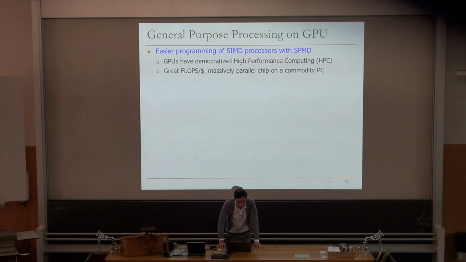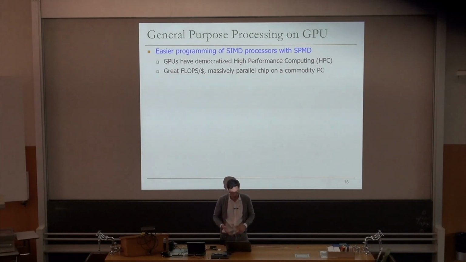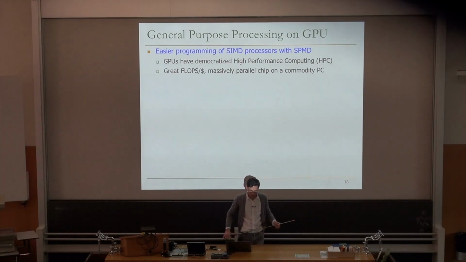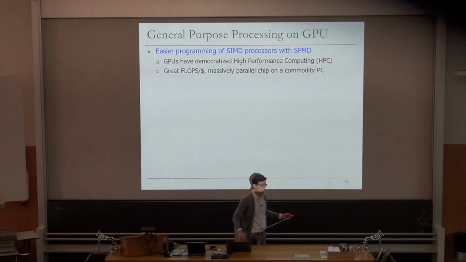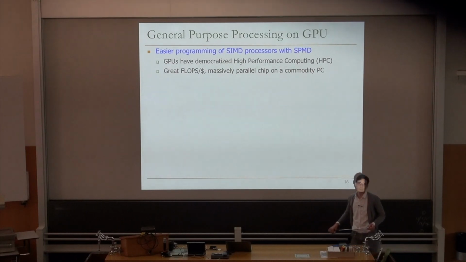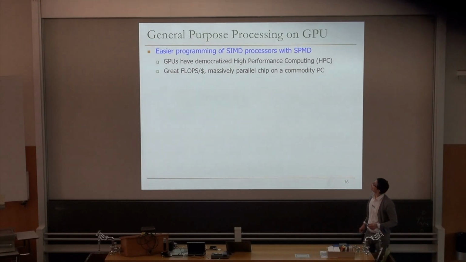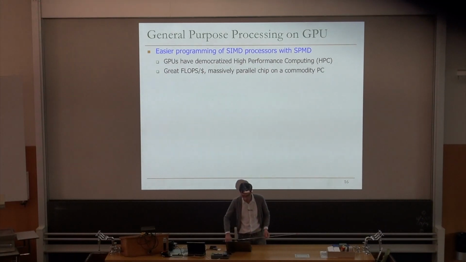And that's the reason why we can say that GPUs have democratized high performance computing, because they are easy to program these days, or easier to program these days, and also because they put a lot of gigaflops at everyone's hand, right? For very little money.